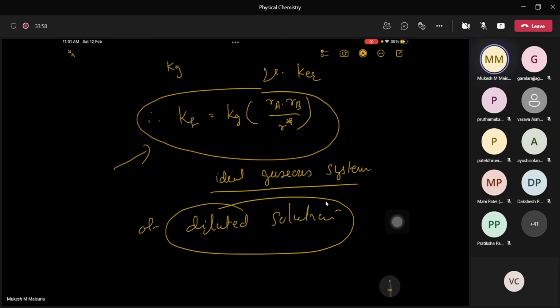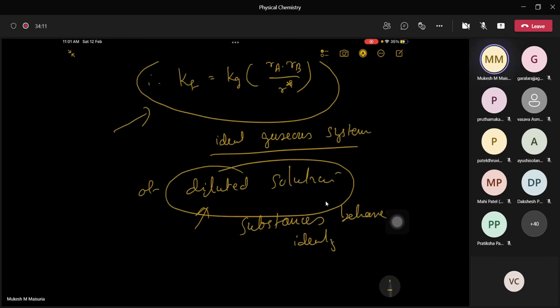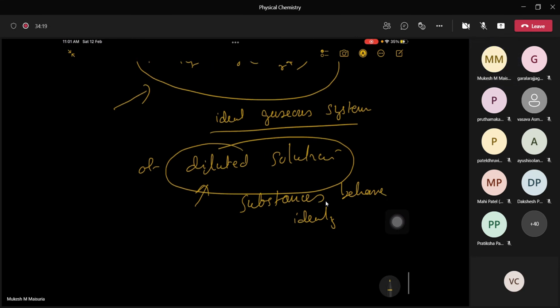In dilute solution, the substances behave ideally. So this equation we can use for dilute solutions also. In this case, we have considered the ideal behavior.